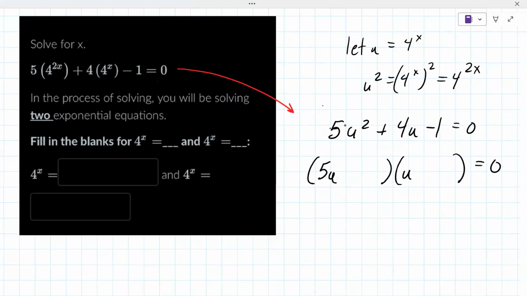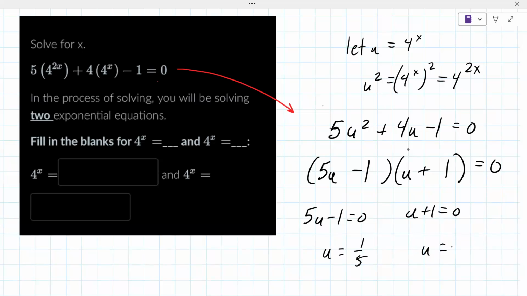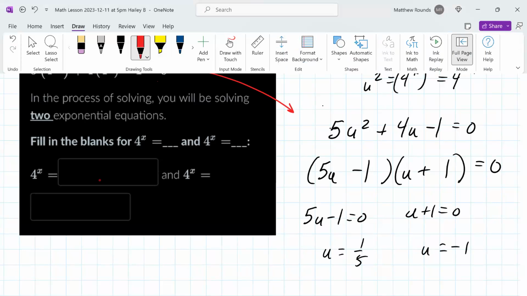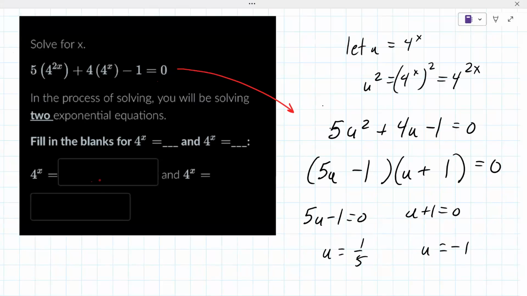And so you have to figure out where to put the factors of -1, which is 1 and -1. If you think real hard, you'll get something like this. And then you set each of these equal to 0. So right now it's u equals 1/5 and u equals -1. That's what they're looking for in the blanks here.